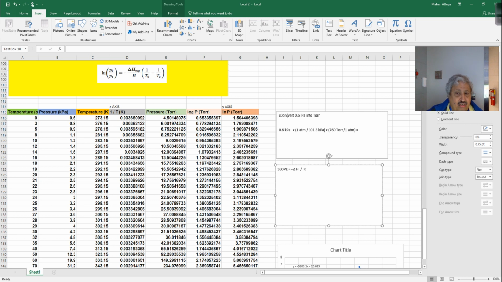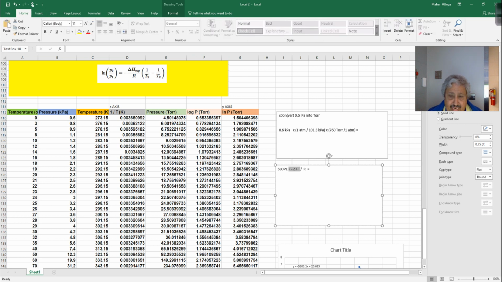Okay guys, so that's the slope here, and this one from the formula is equal to delta H divided by R. Delta H I don't know, but I know what R is. R is 8.314.